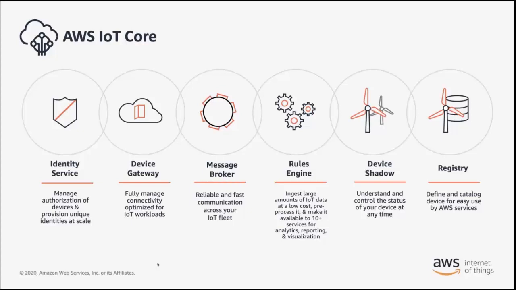Registry is immutable data about a device, such as a serial number, manufacturing date, manufacturing ID. The information that does not change after the device is provisioned. Now, it's very useful because when a device is in the field, you might want to do an over-the-air update to some devices, maybe devices that were manufactured after a certain date.